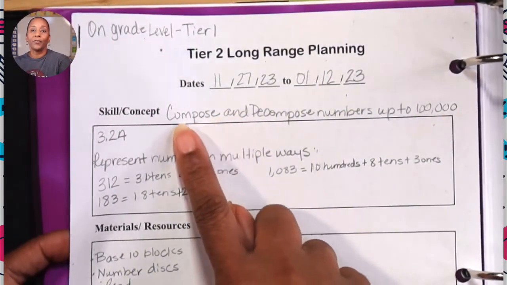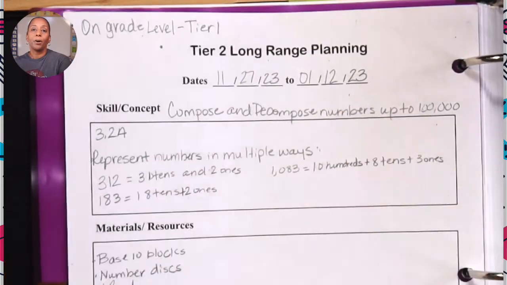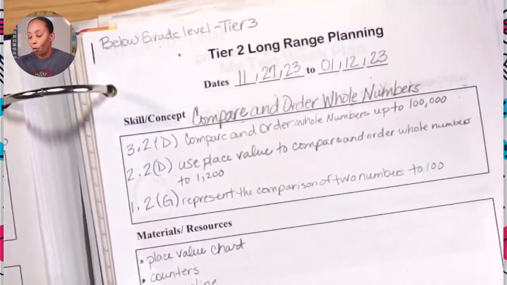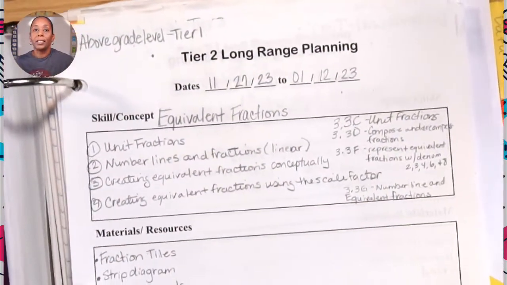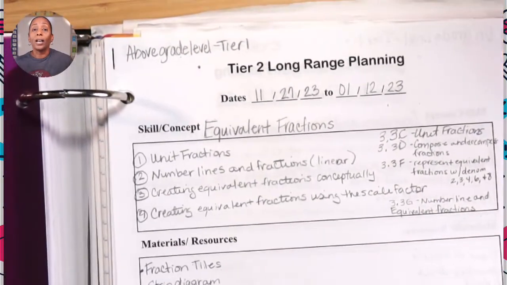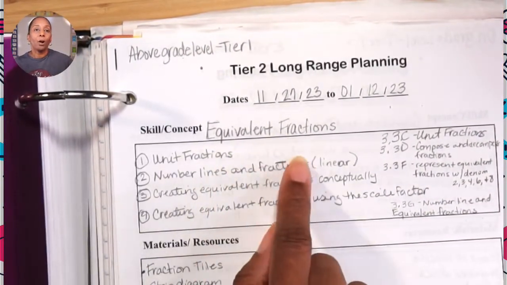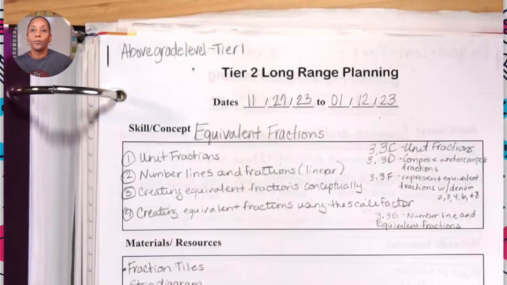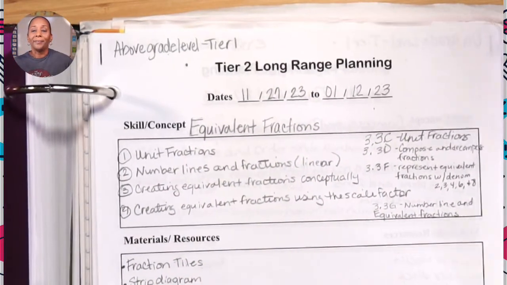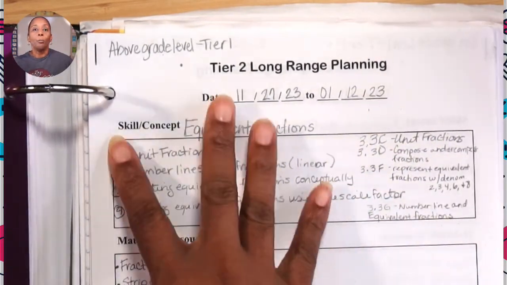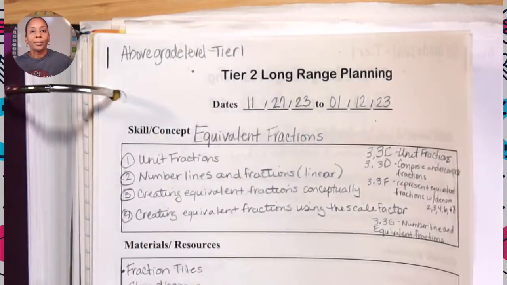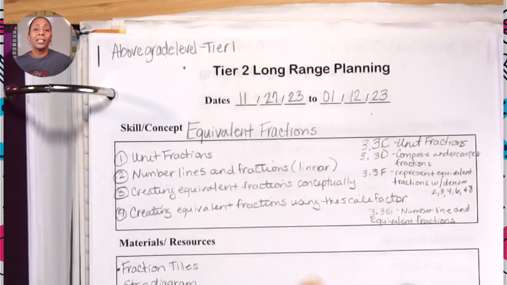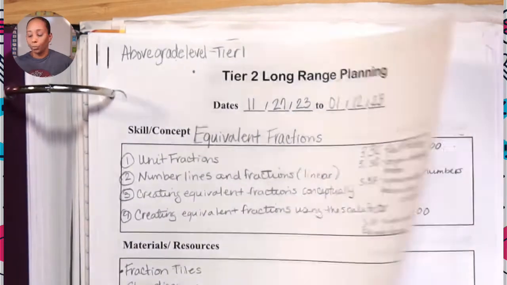So notice the difference. Compose and decompose numbers, but for my tier 1 above grade level, I had already moved them on to equivalent fractions. And I move them along because they grasp concepts very quickly. I did this during small groups.